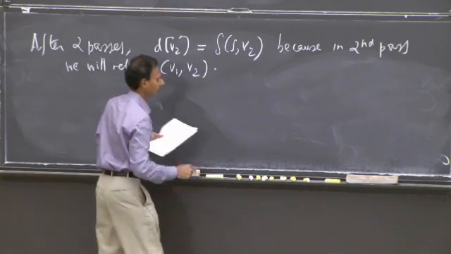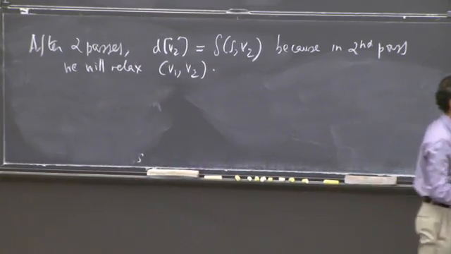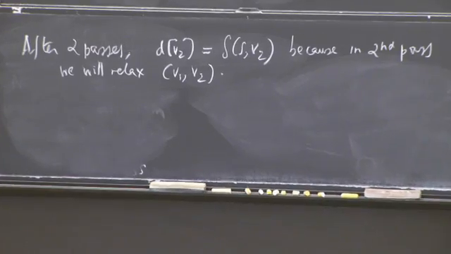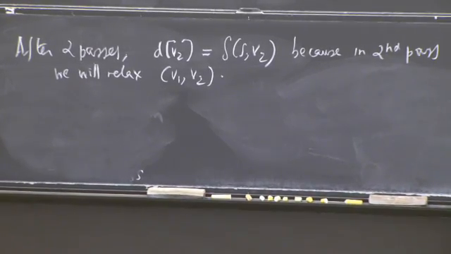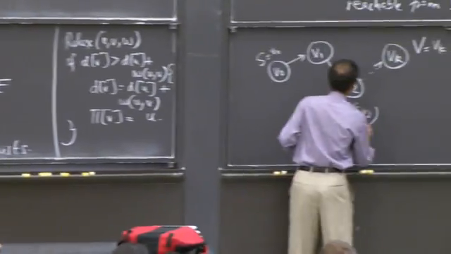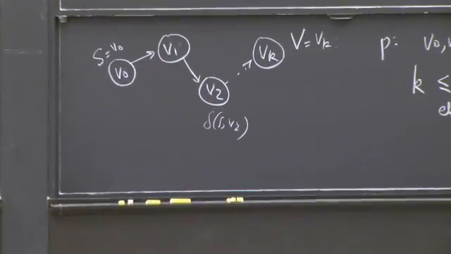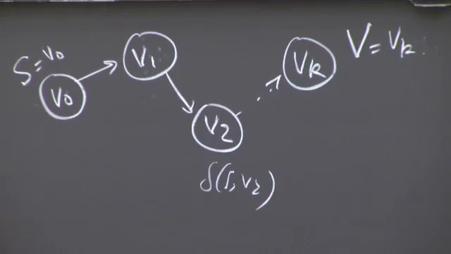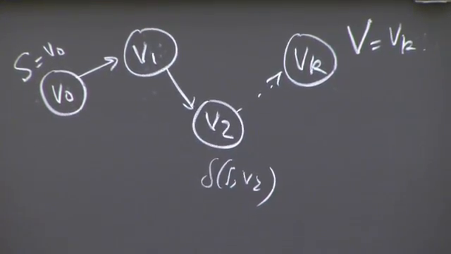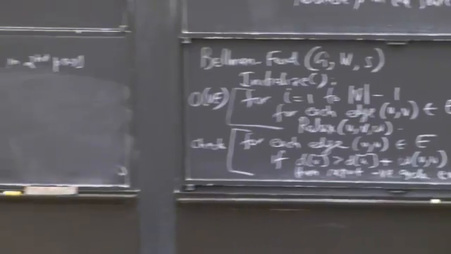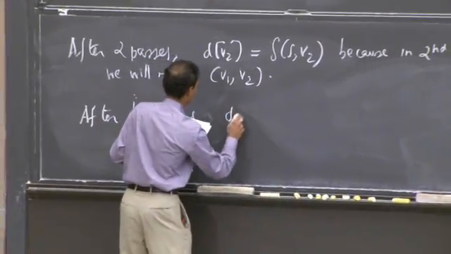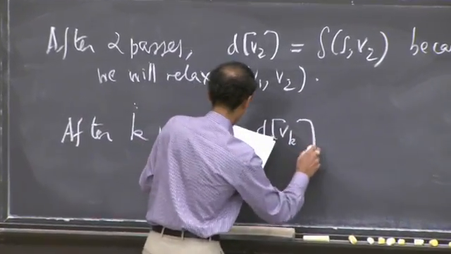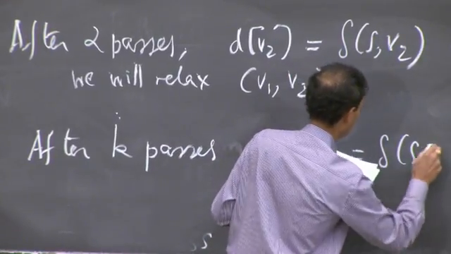So it's a different edge that needs to be relaxed, but that's cool because I'm relaxing all the edges, and I'm going to be able to grow my frontier. I'm going to be able to compute delta SV2 at the end of my second pass, and so on and so forth. So after K passes, we have dV_K equals delta S V_K.